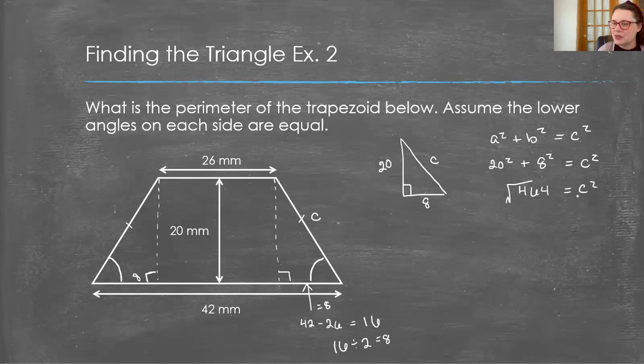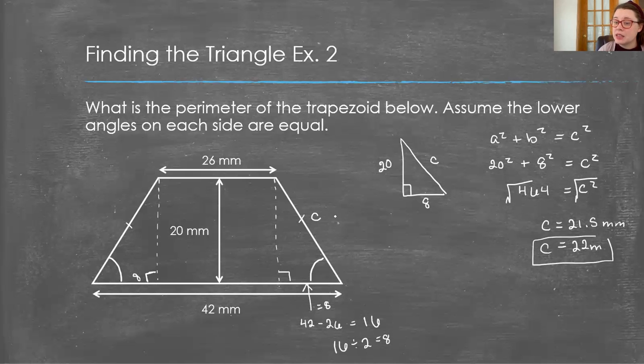Take the square root of each side. C is equal to 21.5 millimeters. And rounding to a whole number, because the rest are all in whole numbers, will leave us with 22 millimeters.